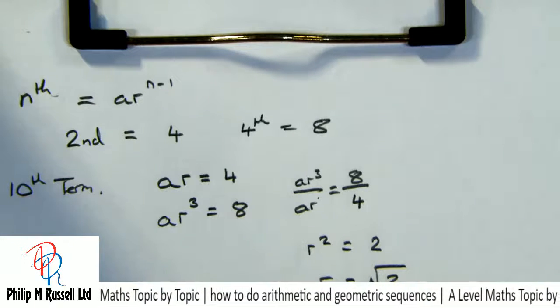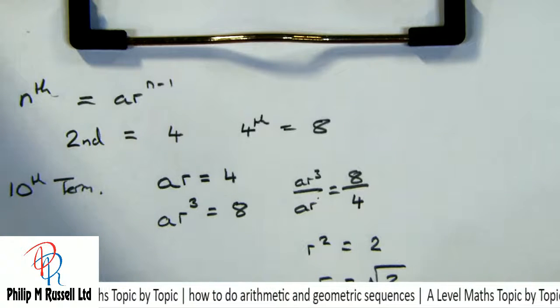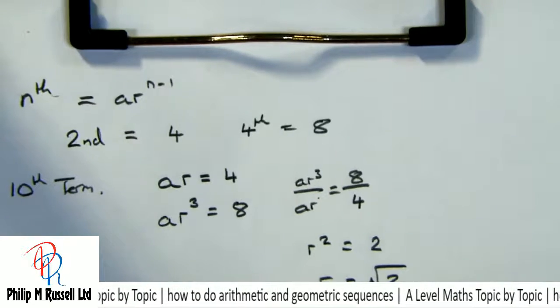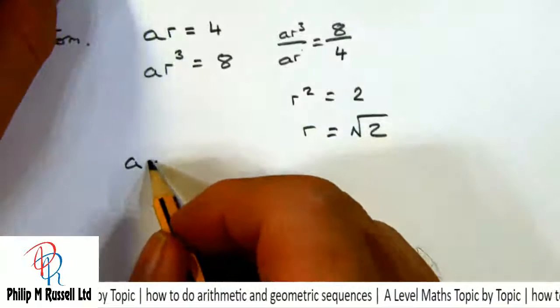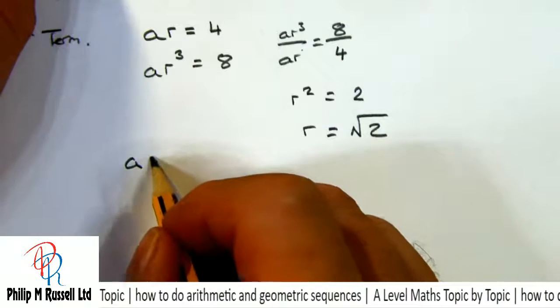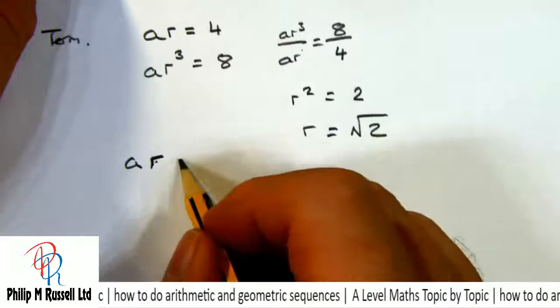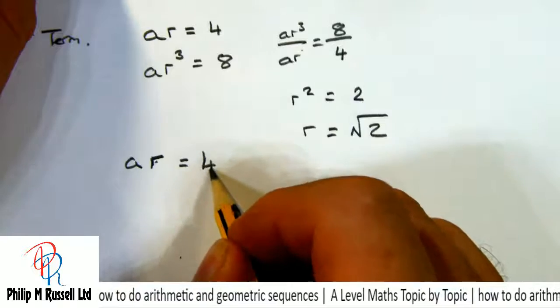So I've now got this. I've got to try and work out what a is. So a is going to equal, ar is going to equal 4.